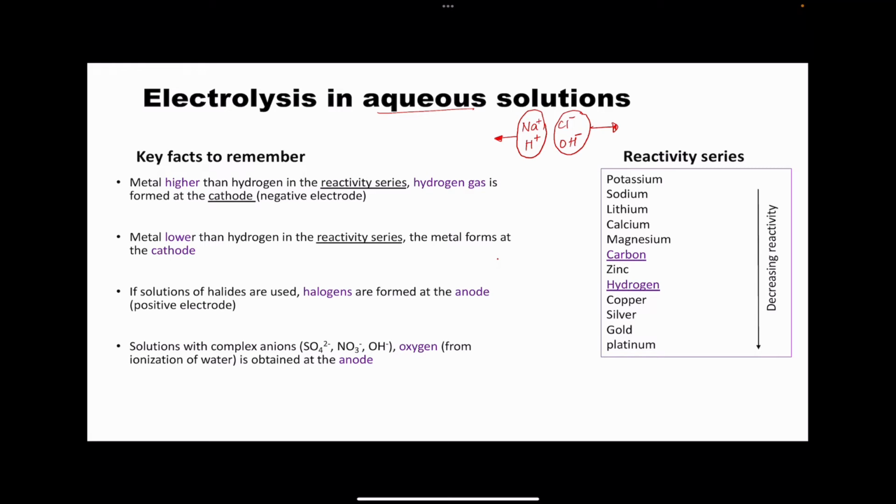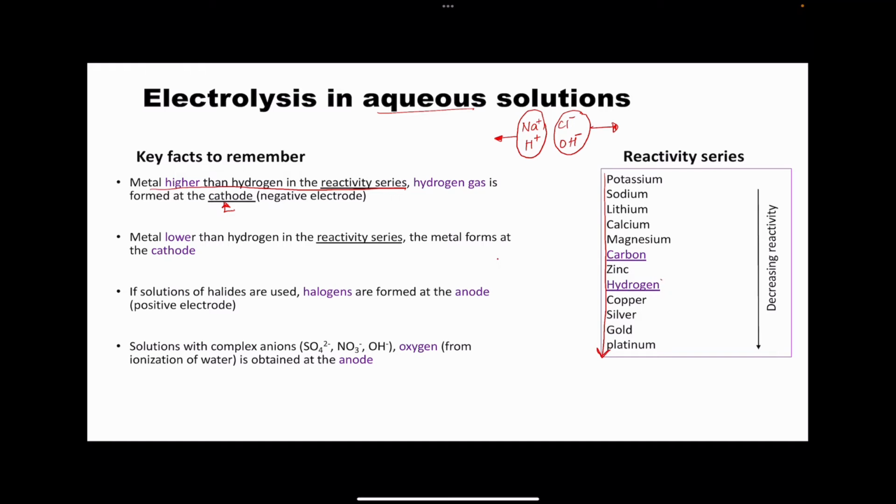So the first thing we need to see is: 1, a metal higher than hydrogen in the reactivity series. If that is the case, then hydrogen gas is formed at the cathode. Remember, the reaction that occurs at the cathode is reduction, and the reactivity series is a series of reactions. Reactivity decreases as you go down, but that kind of reactivity is the ability to lose electrons, not the ability to gain electrons.